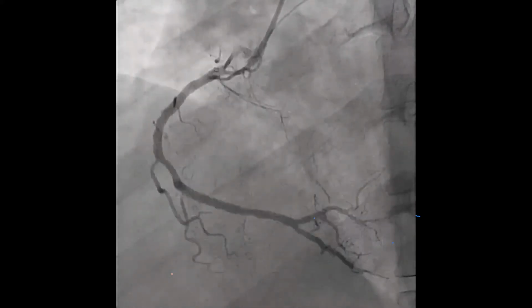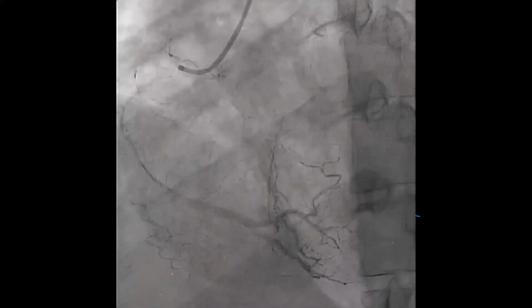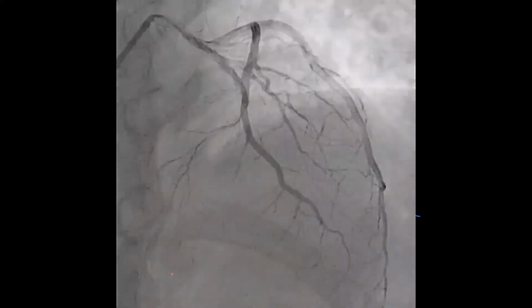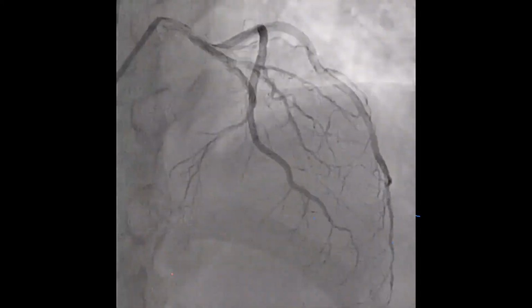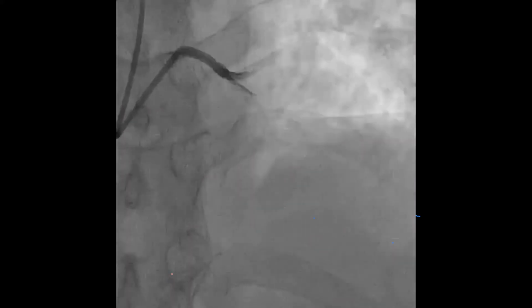Septal to septal collaterals. Okay, good. Now, who can read this? Okay, you can take this.